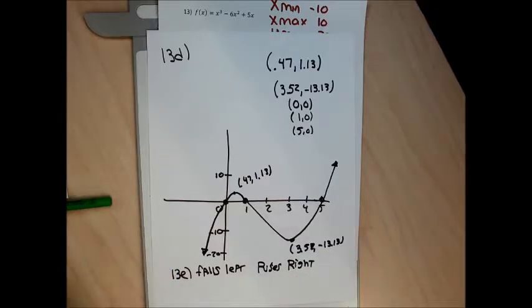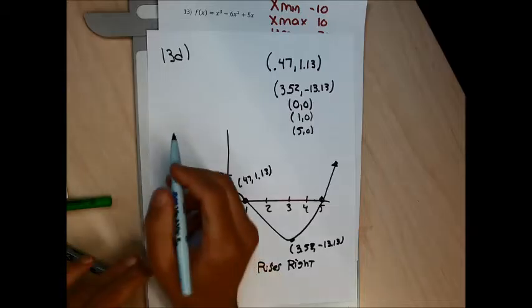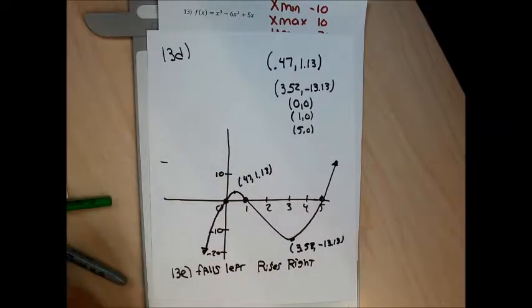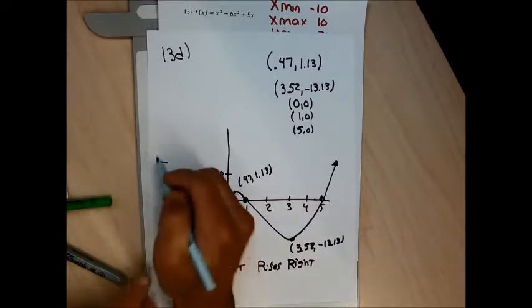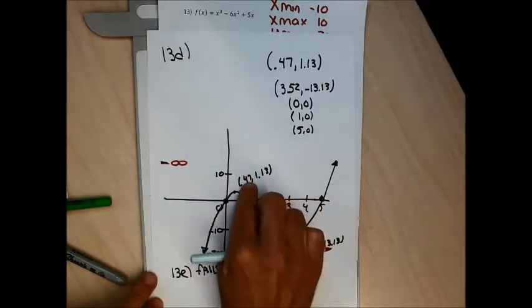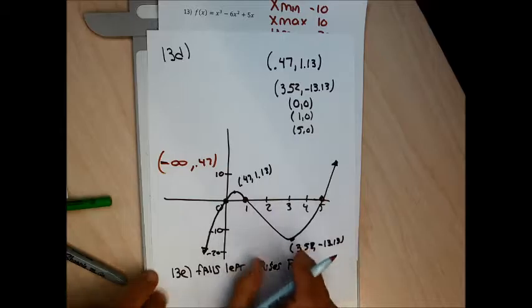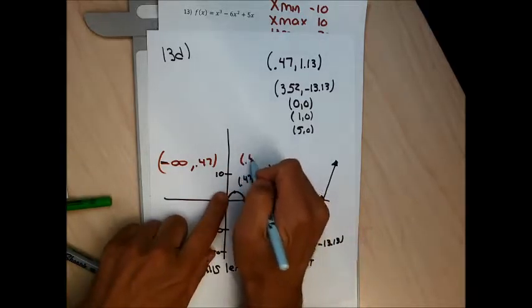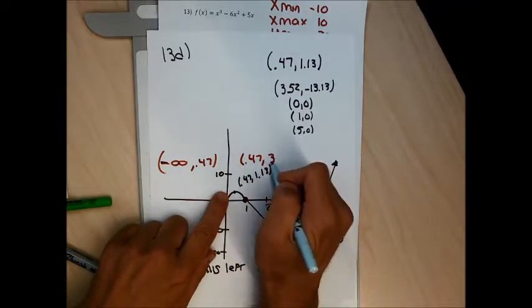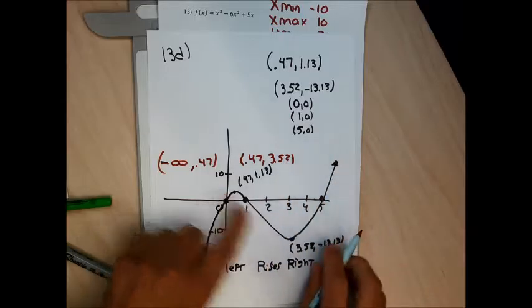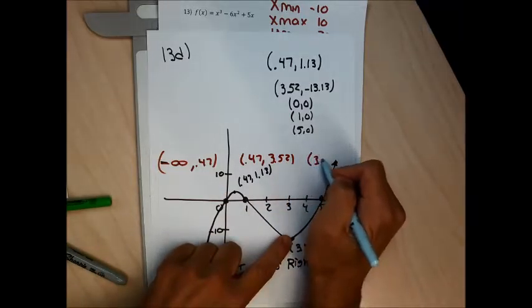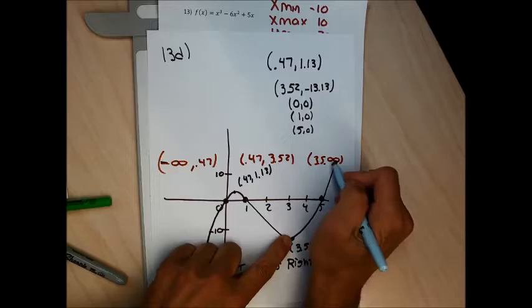Now the increasing and decreasing part. On my x-axis, I'm going to go from negative infinity to that turning point, 0.47, and then between these two turning points, 0.47 to 3.52, and between this turning point and the end of the x-axis.